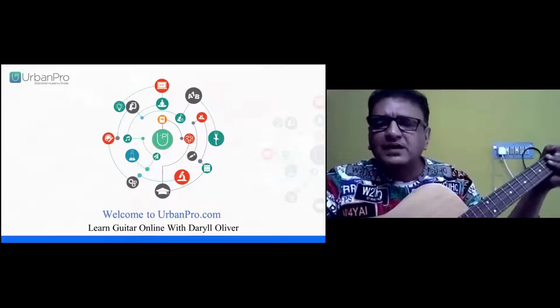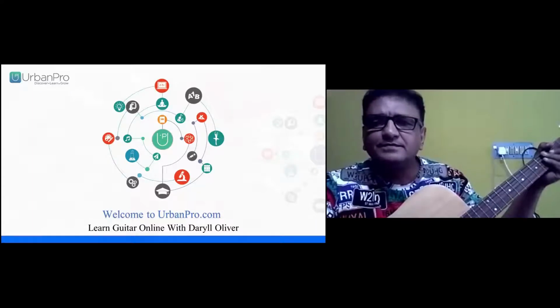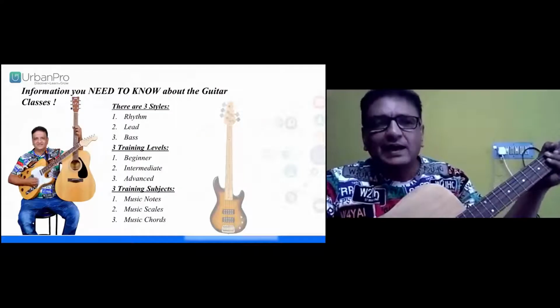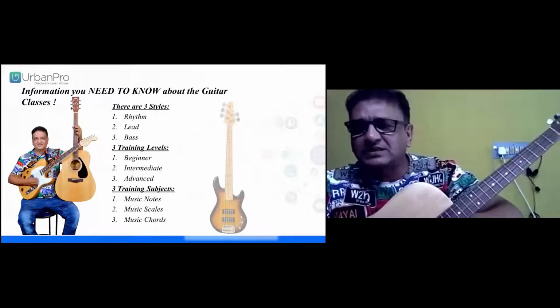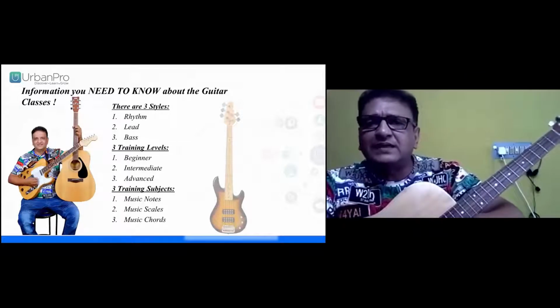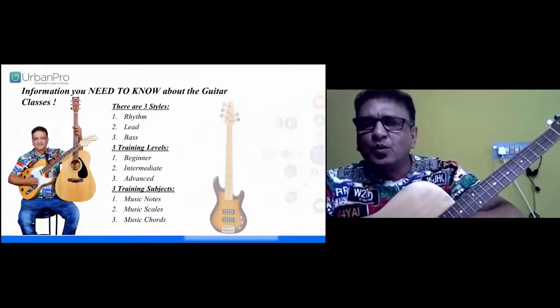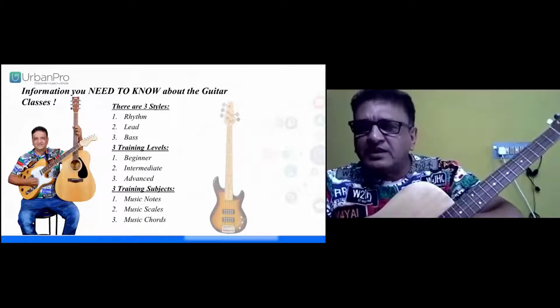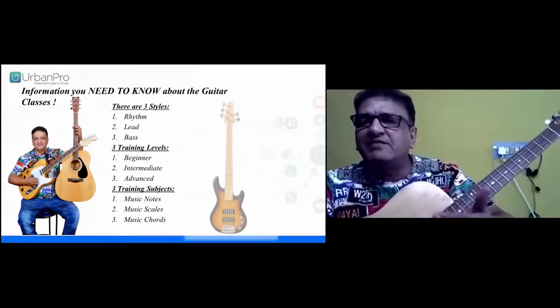A warm welcome to a guitar lesson right now. And here's some information that you need to know about today's class. Let me begin with telling you that there are three styles of guitar called rhythm, lead, and bass, which are there practically in every song.